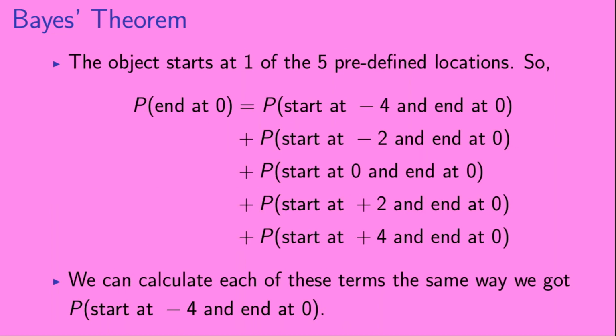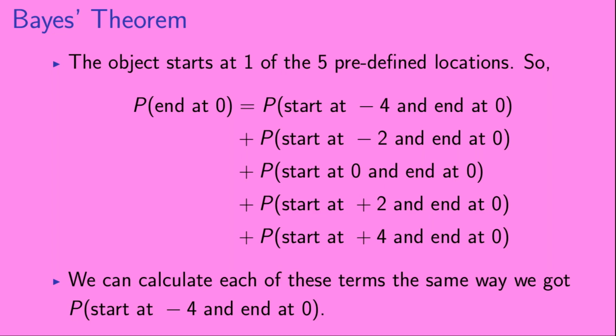So the object must start at exactly one of the 5 predefined locations. So the probability that the object ends at 0 is equal to the probability that the object starts at -4 and ends at 0, plus the probability that the object starts at -2 and ends at 0, plus the probability that the object starts at 0 and ends at 0, plus the probability that the object starts at +2 and ends at 0, plus the probability that the object starts at +4 and ends at 0.